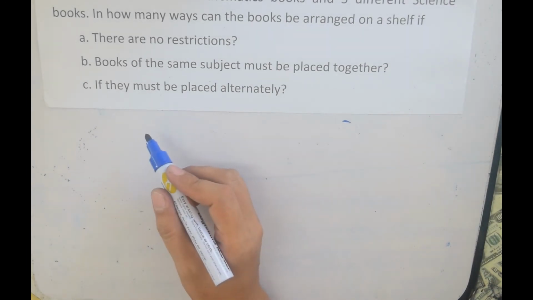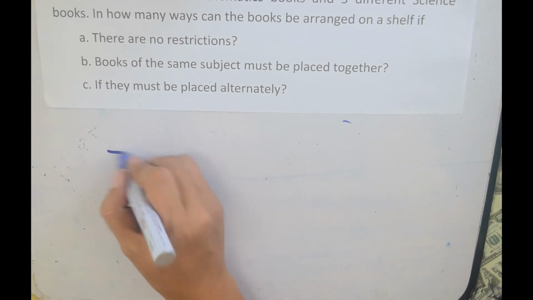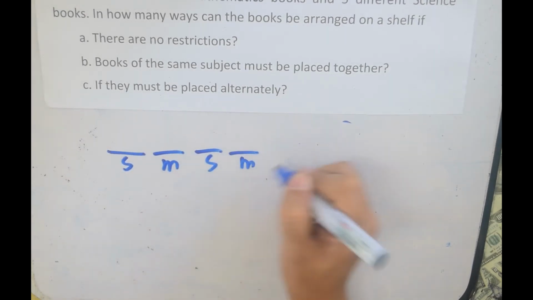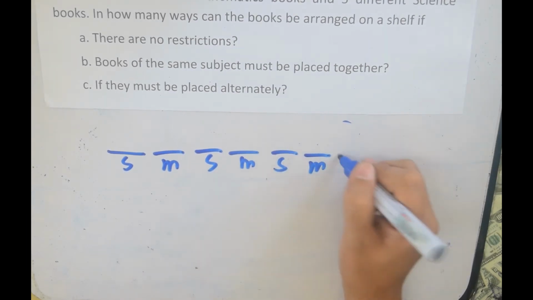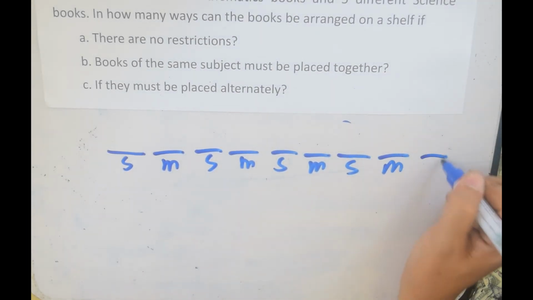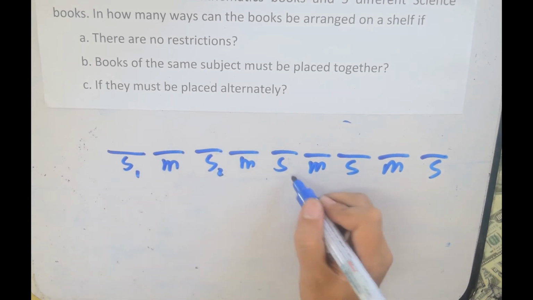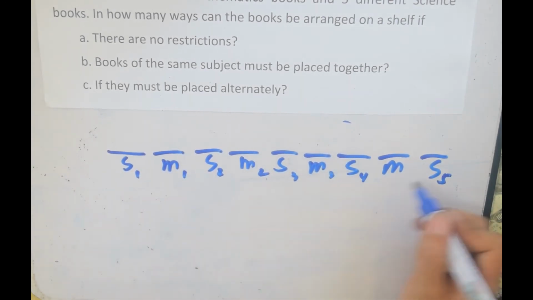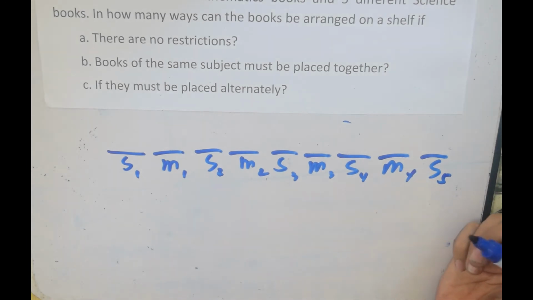Okay, so if the letters must be placed alternately, you are going to arrange this one alternately. For example, we have science here, math here, science, math, science, math, science, math, and science. So science 1, 2, 3, 4, 5, and math 1, 2, 3, 4.